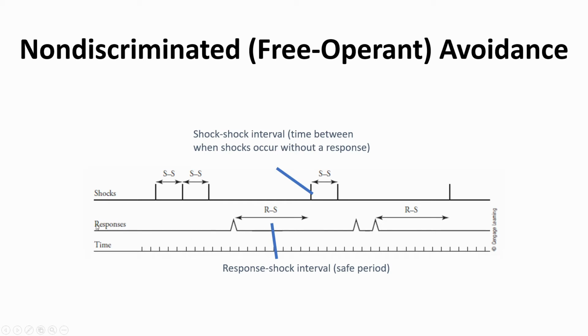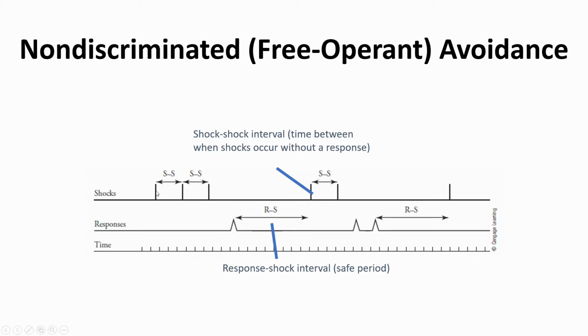So this says that if you make some kind of operant response, say you push a button or pull a lever or whatever the experiment deems necessary, then you create a period of safety. This response shock interval is basically telling us how much time you then don't receive a shock for.